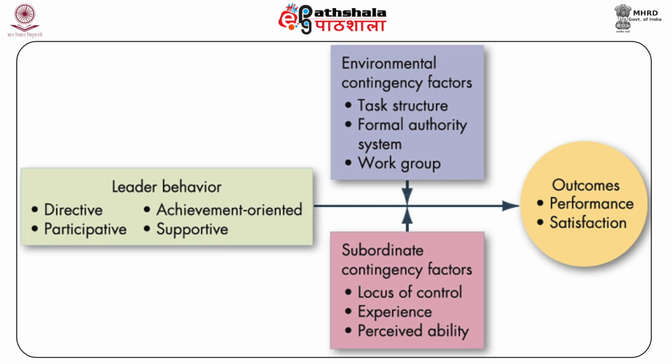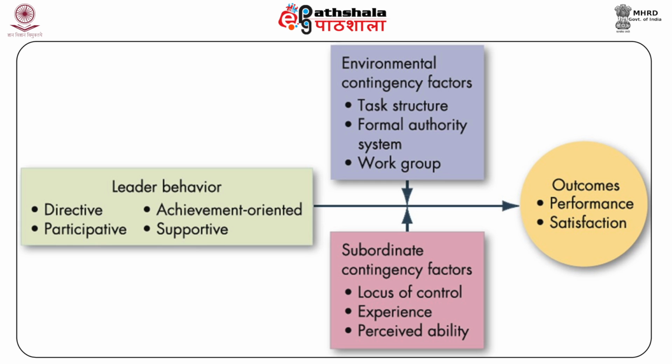First is the environmental contingency factors. These are those factors which are associated with the characteristics of work environment and are beyond the control of employees. These primarily include task structure, formal authority, system and work group.